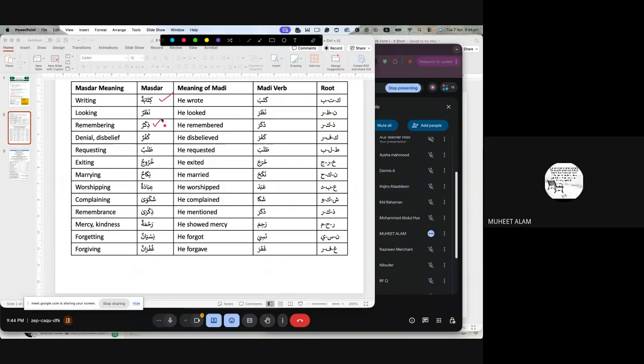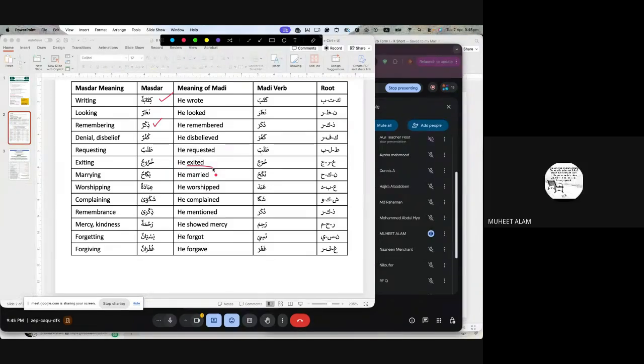Next is talaba. The mazi verb is talaba, which means he requested, and the masdar is talabun, requesting. Next is kharaja. The mazi verb kharaja means he exited.